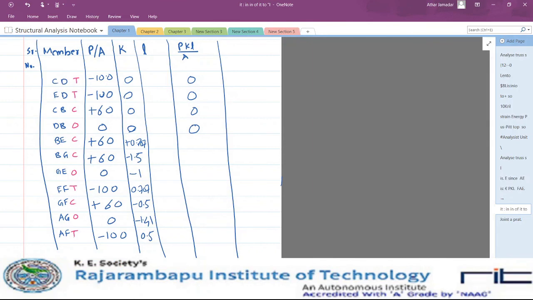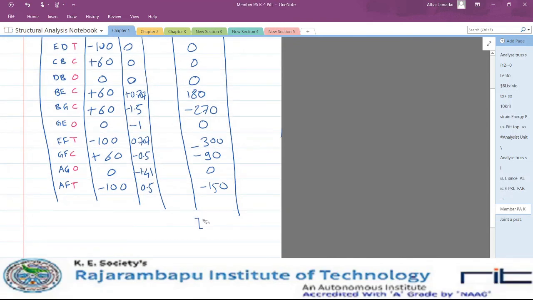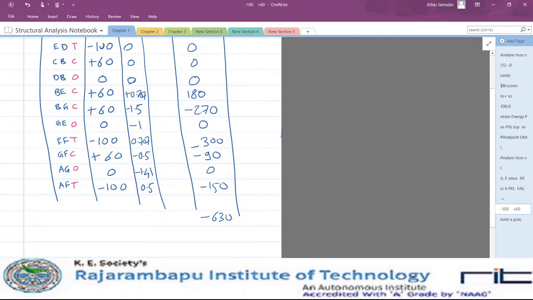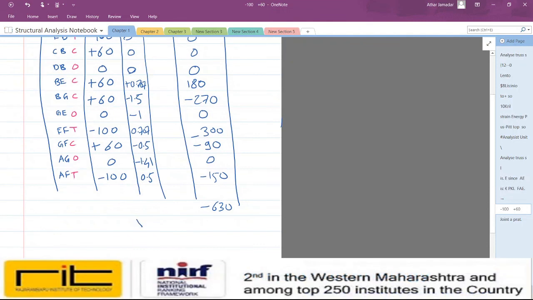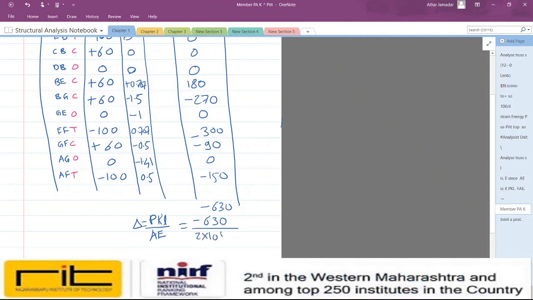So BE is, I think, and if you take the summation, it will be minus summation of PKL, that summation is going to be minus 630, and lastly E is given as 2 into 10 raised to 5. So summation of P delta is going to be summation of PKL by AE. So PKL by A we have found as 630. So minus 630 divided by 2 into 10 raised to 5 Newton per mm.